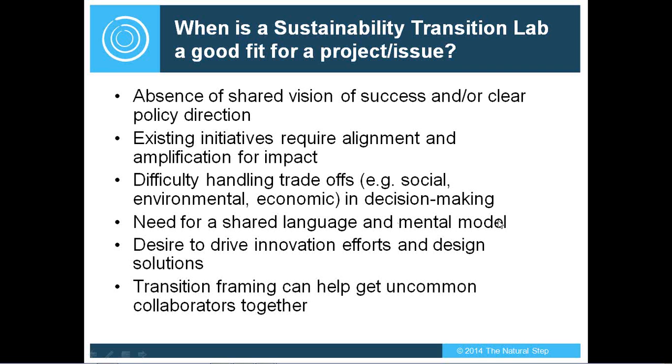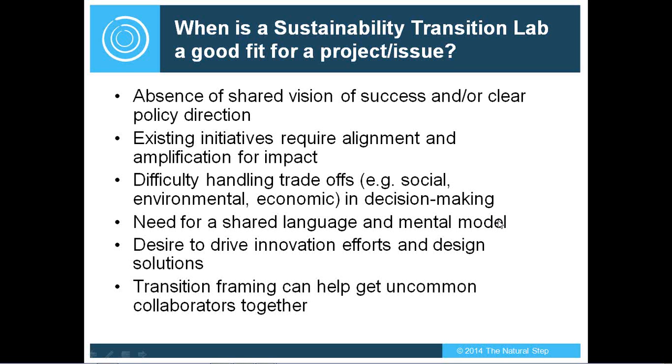And the last one is that there are particular issues where it's hard to get a group of collaborators together. Our early experience so far has been that in certain instances, the framing of an issue using the framing of transition can be really helpful in getting uncommon collaborators to the table.